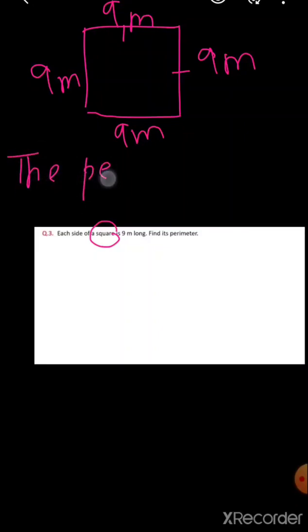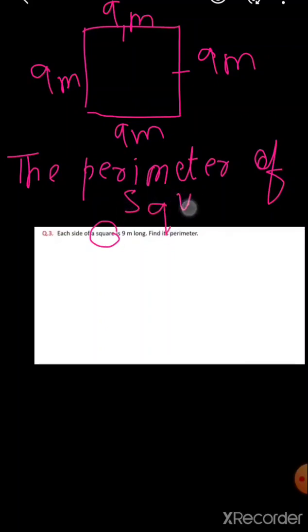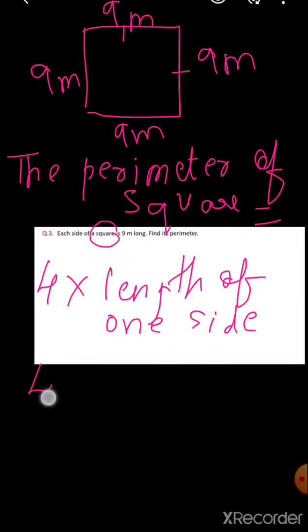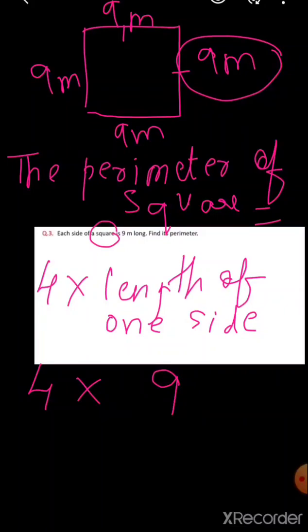The perimeter of a square is equal to 4 multiplied by the length of one side. 4 multiplied by the length of one side, which is 9 meters. 9 4s are 36 meters.